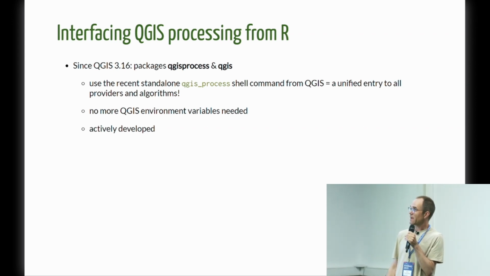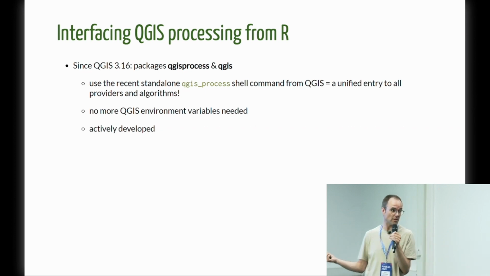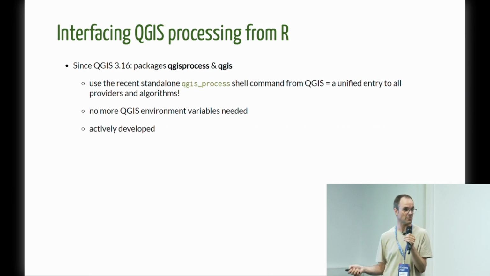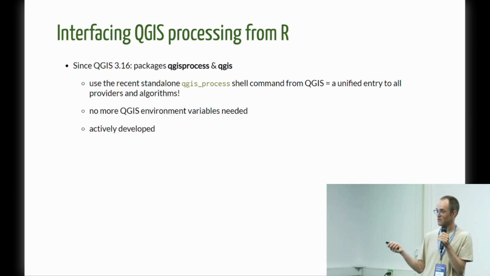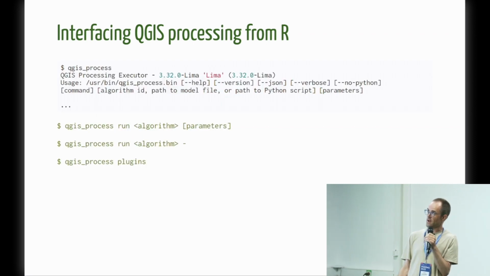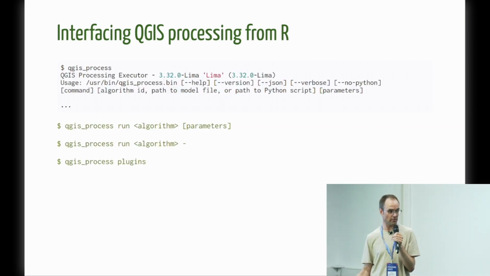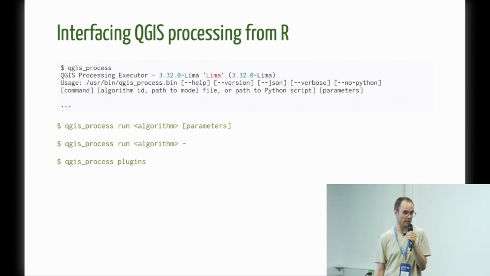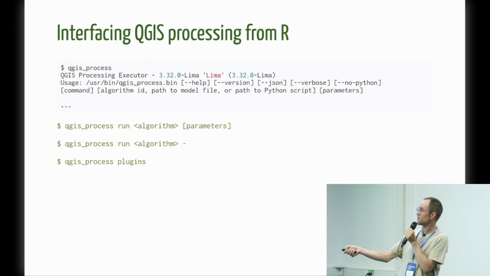And so it doesn't need the setting of QGIS environments, which the older packages needed, and it's actively developed, of course. Besides qgisprocess, there is the qgis package. Also, we will see later what it exactly can do. So the command line qgis_process executable takes several parameters, and here are just a few examples.